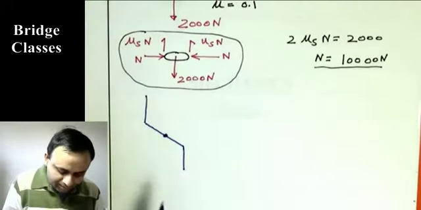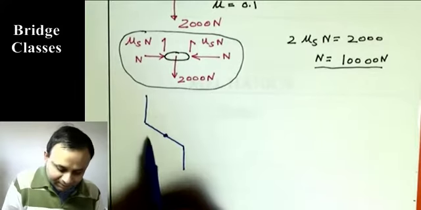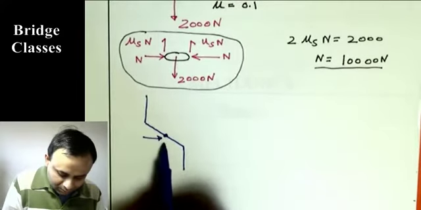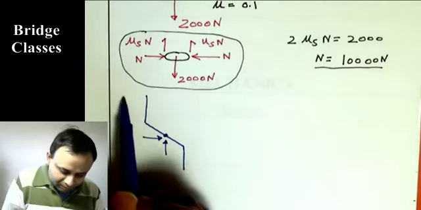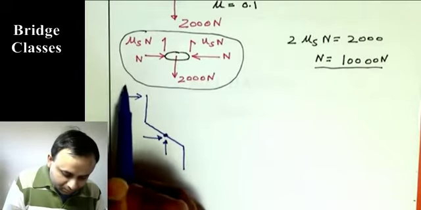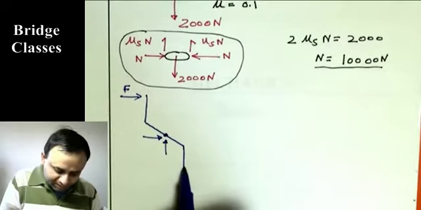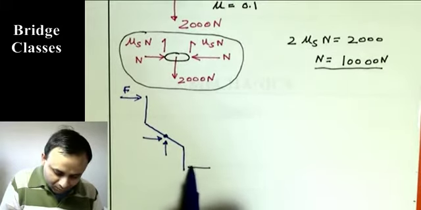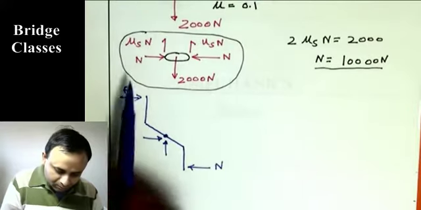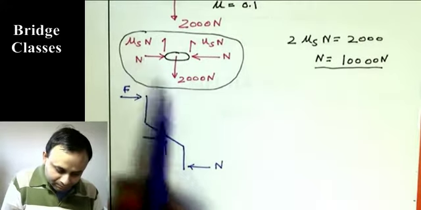There is a hinge here, so there are some reactions at the hinge. Those are forces in x and y direction. There is force F applied here, and right here, because the body was attached, we are going to have the normal force N, which will be opposite to this.